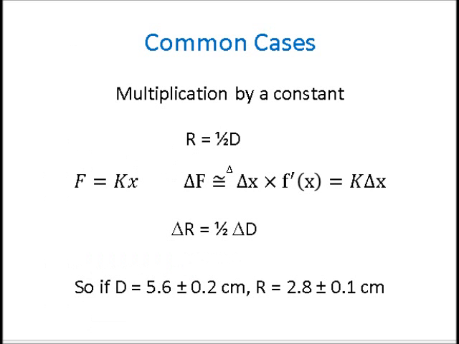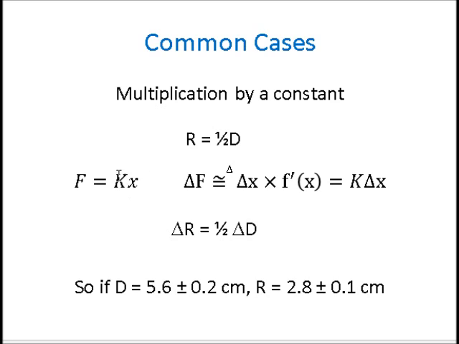Here are several common cases that we would work with. One is the multiplication by a constant. Suppose the radius is half the diameter. Now, the function here is a constant times x. And so delta f, according to our rule, will be the uncertainty in the measurement, which is x, times the derivative of this function.